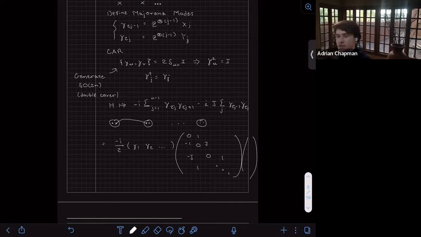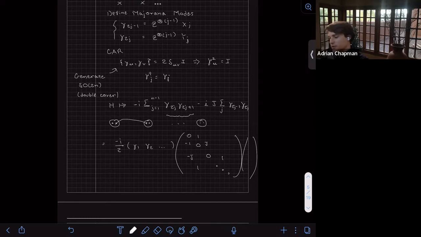Right. So this is an anti-symmetric matrix. And the reason for that is that these Majorana modes anti-commute with each other. So the only non-vanishing contribution to the Hamiltonian is the anti-symmetric part of the coefficient tensor.